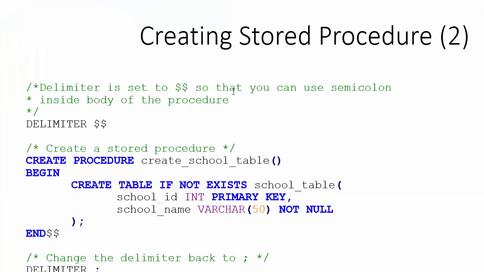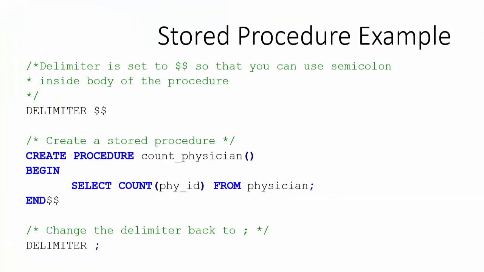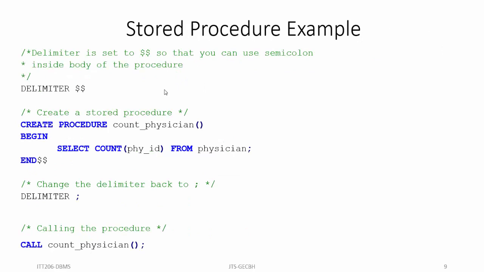Now coming back, this is another stored procedure example. In this example, again this is for counting the number of physicians in the physician table. This is correlated to experiment 1 that we did, on the hospital database. To count the number of physicians, the procedure count_physician is used. Similar to what we have done earlier, first we set the delimiter to $$, then we write create procedure, then the name of the procedure, that is count_physician, then parenthesis.